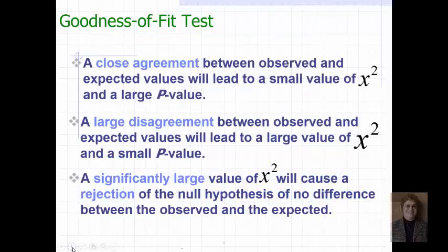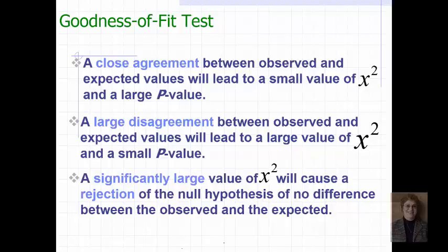And again, as I said earlier, if your observed and expected values are close, then you'll get a small chi-squared value and your p-value will be large. That will be not statistically significant. If you have a large disagreement between observed and expected, then you're going to have large values of the chi-squared statistic and a small p-value.